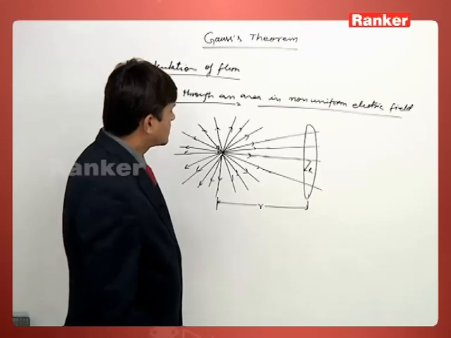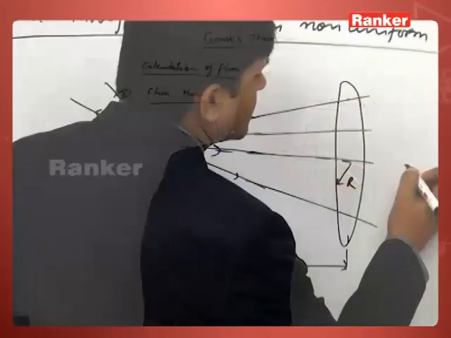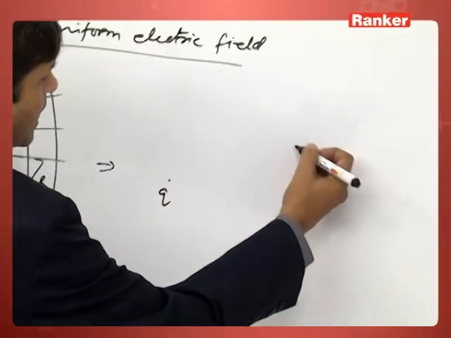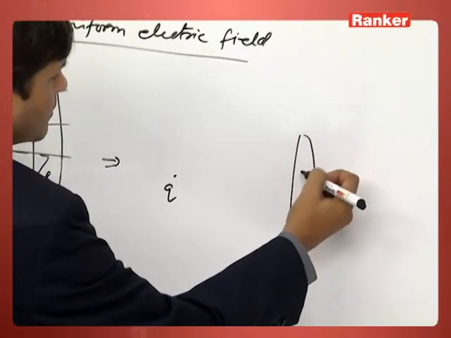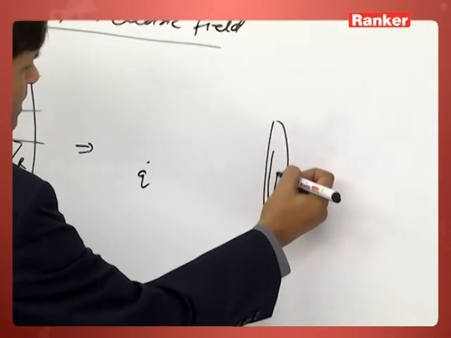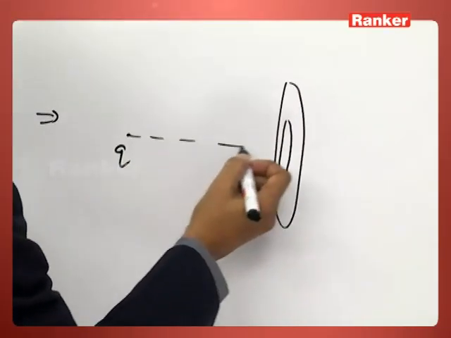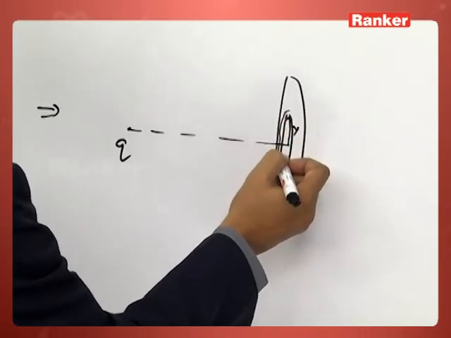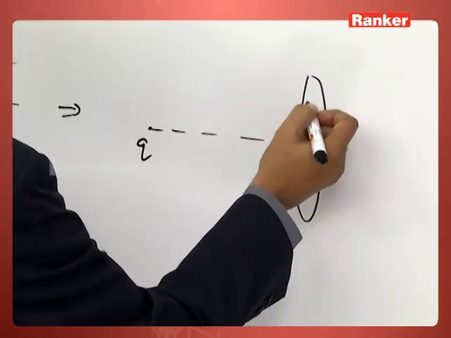So how to do this? We can have a point charge here, and in this ring we make another ring of radius y and thickness dy.